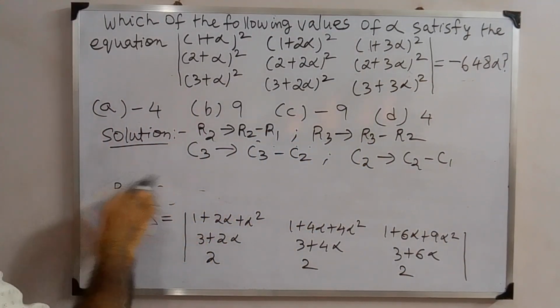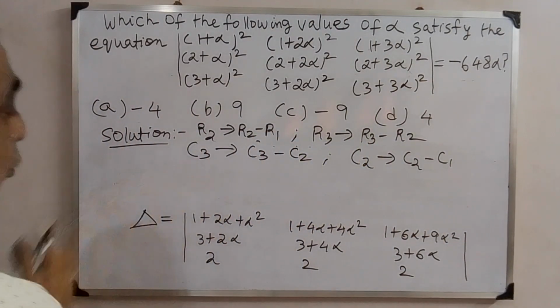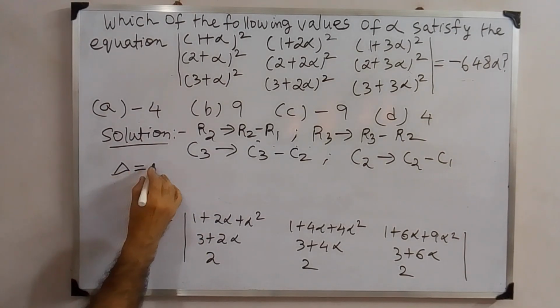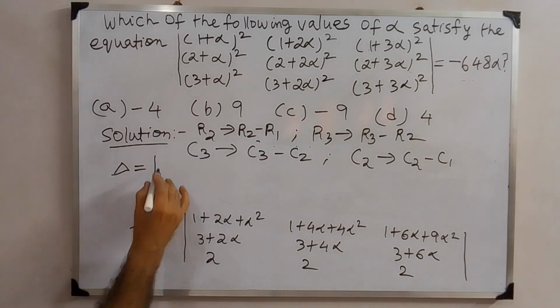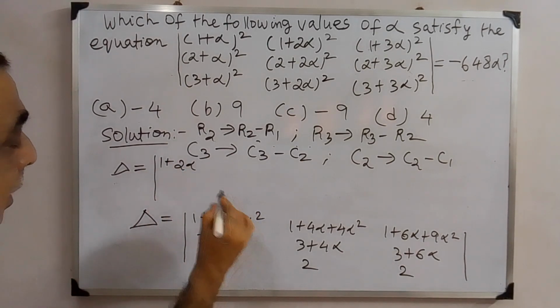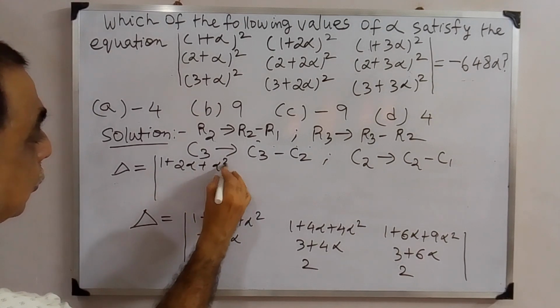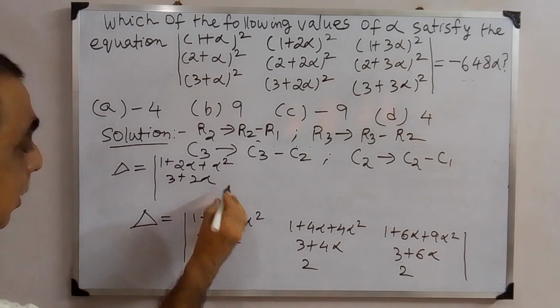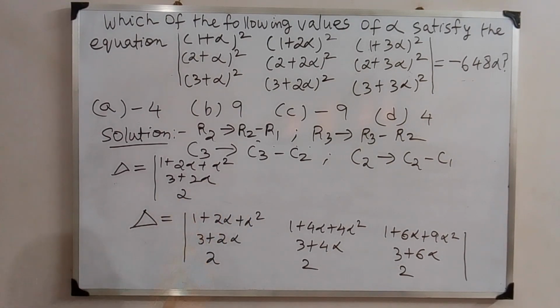So what we will have now? Column 1 I am not changing, so it will be just like it is. This will become 1 plus 2 alpha plus alpha squared. This will become 3 plus 2 alpha, and this will become 2.